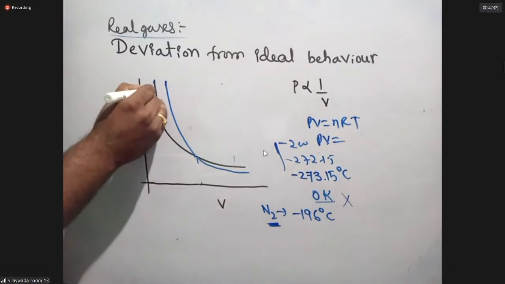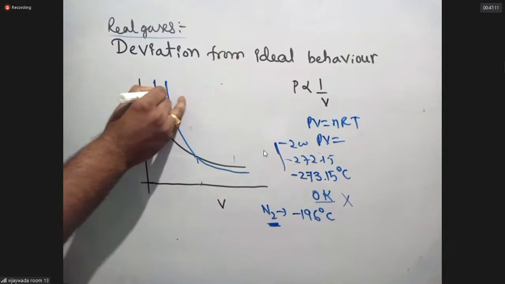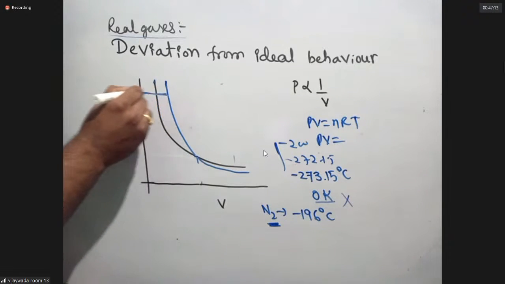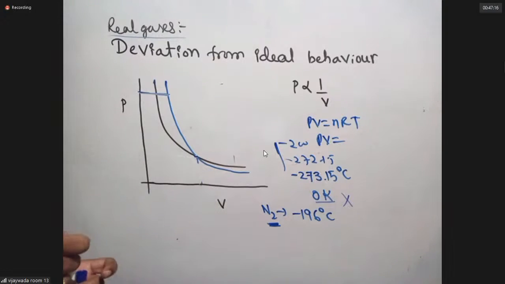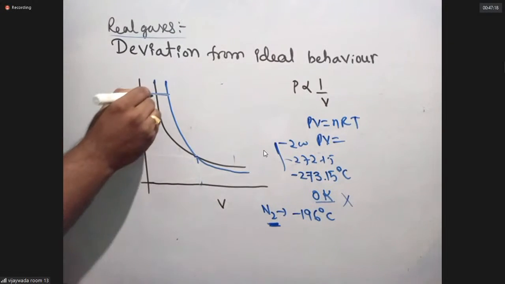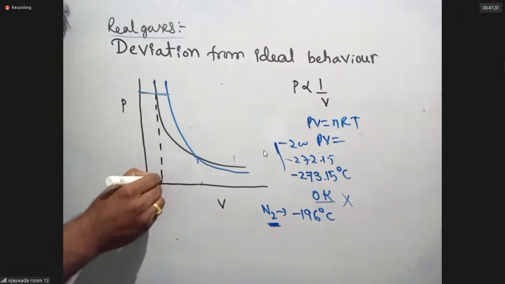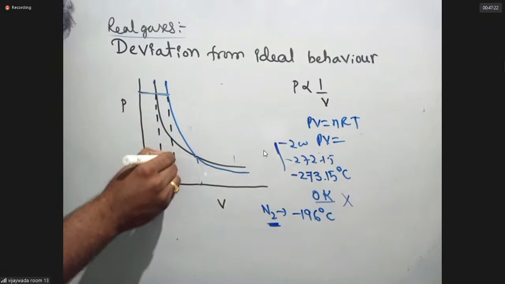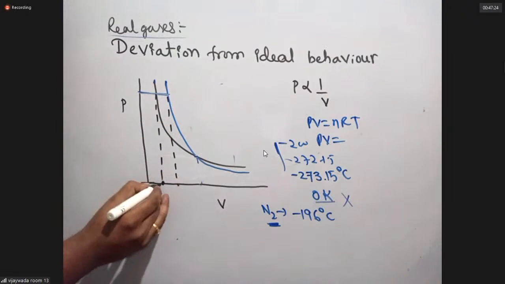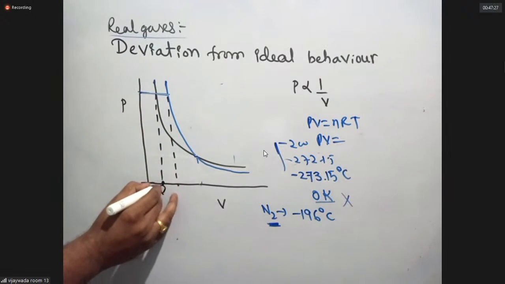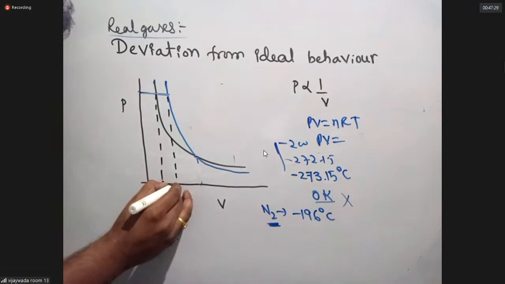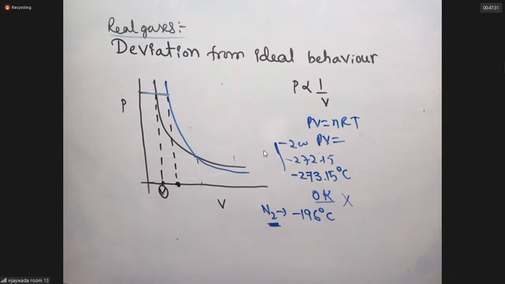See this point. In case pressure is constant, if you observe the volume of the ideal gas and the volume actually observed, theoretically at this pressure this is the value, but experimentally the value is more. So ideal gas is a hypothetical gas.